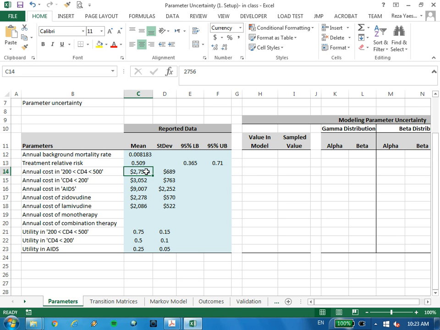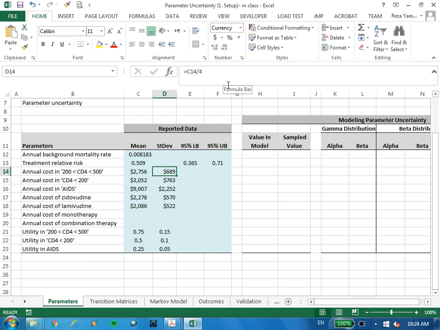We use this estimate for the cost of being in the first state. Now, again, as I mentioned, there is no way to ensure that every patient costs this much. So since I don't have access to the cost data, I'm going to assume that the standard deviation is 1/4 of the mean. This is my assumption. It's okay to make assumptions, as long as they make sense.